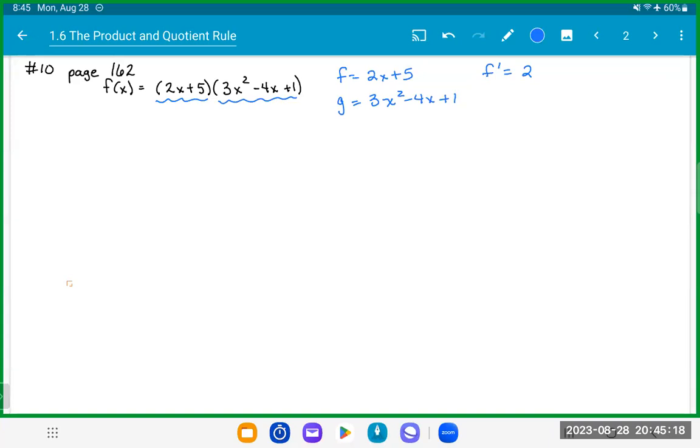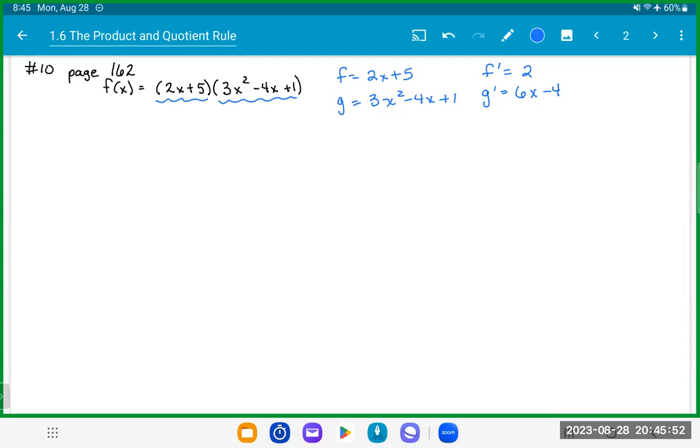Okay? And the derivative of my G, so 3 times 2 is 6, x to the 2 minus 1 is 1. And then for the derivative of this one, I have 1 times -4, and then this gives me x to the 1 minus 1, which is 0, so that doesn't get there. And then the derivative of a constant is 0, so we don't put that up there either.